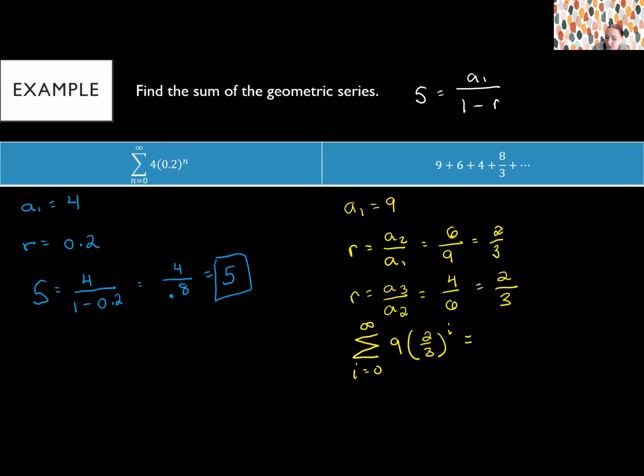And you could go straight to our formula for S from here. So we can put in the formula. A1 is 9, and then we have 1 minus R, so that's 1 minus 2/3. So that's 9 over 1/3, which will give you 27.